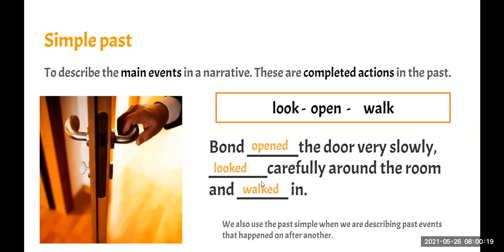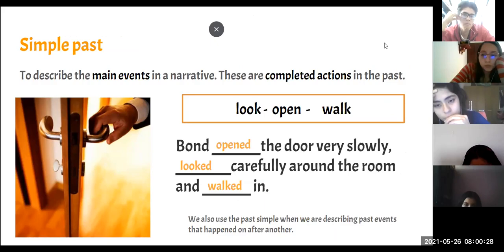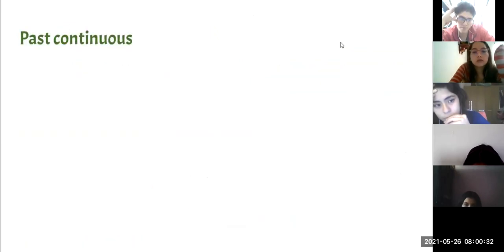Okay? Any questions about the simple past in narrative tenses? Any doubts? Okay, let's go to the next one. We are going to talk now about the past continuous. Any ideas about when do we use this? When do we use the past continuous?